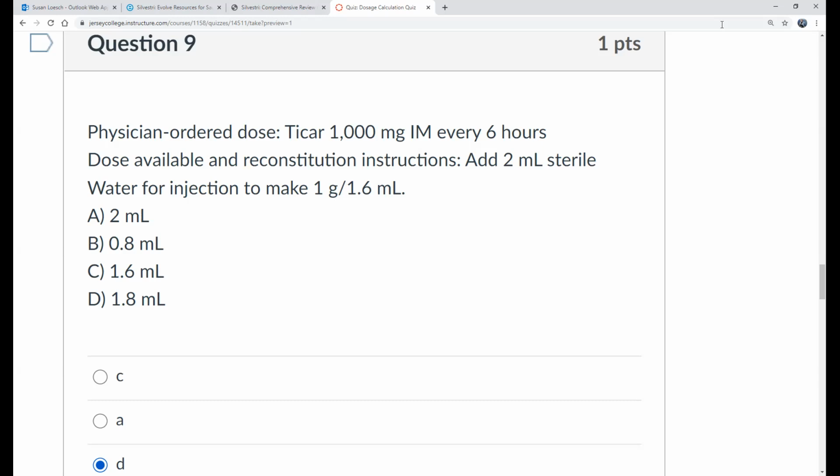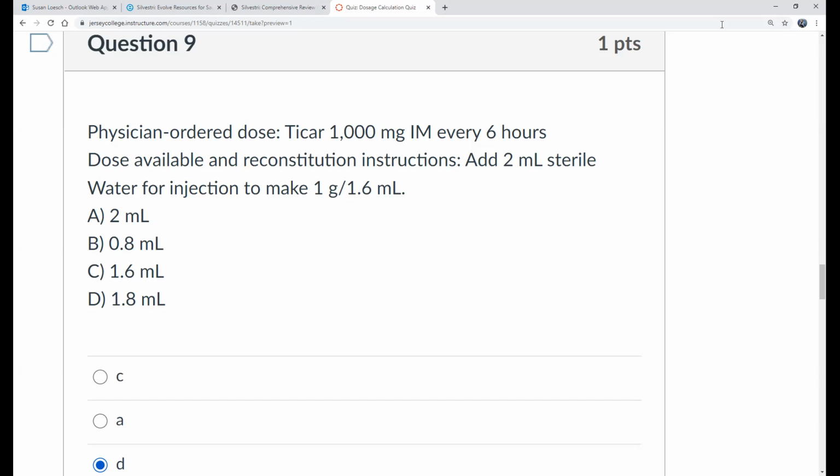So for reconstitution, it's simply desired over have. Your desired dose is the 1,000 milligrams because that's what the doctor ordered. What you have on hand is the final concentration that is left once you reconstitute. In this case, it's 1 gram per 1.6 mLs. So you either have to convert your 1 gram to 1,000 milligrams or convert your 1,000 milligrams to 1 gram.